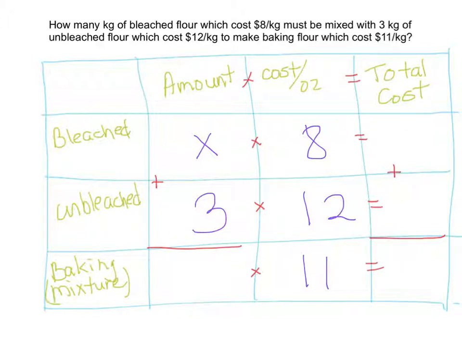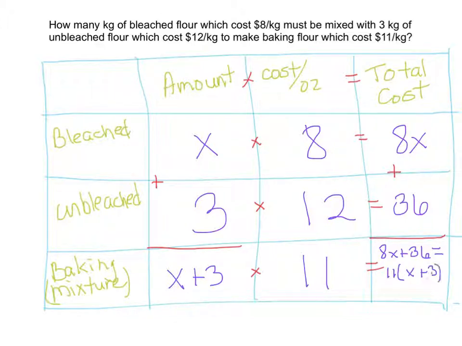Now we can just add and multiply to finish. So we add down, get x plus 3, multiply across, 8x. 3 times 12 is 36. Now we're going to add down, equals, multiply across.